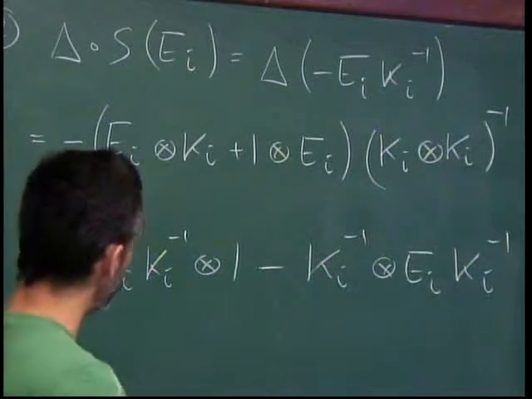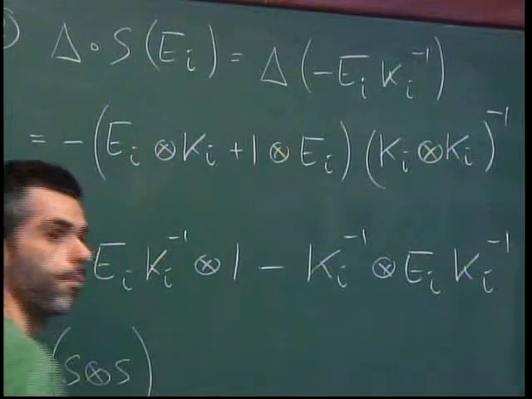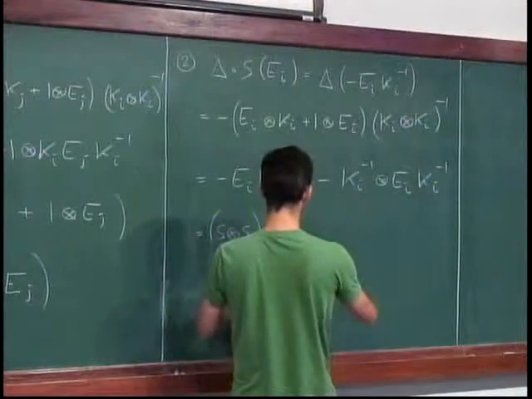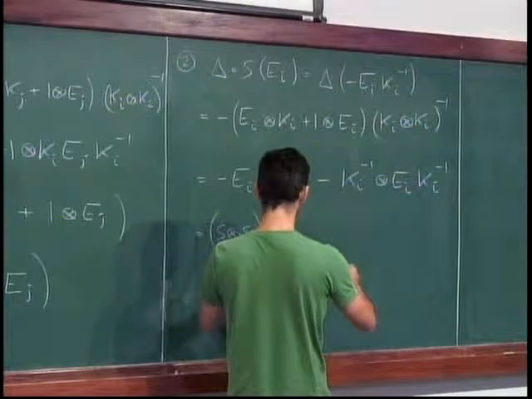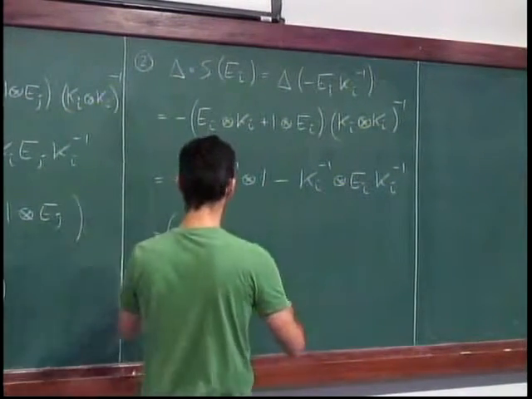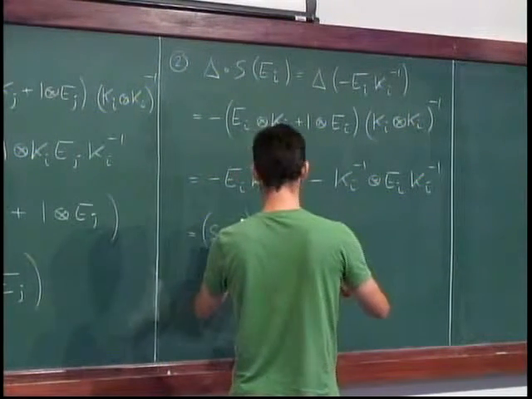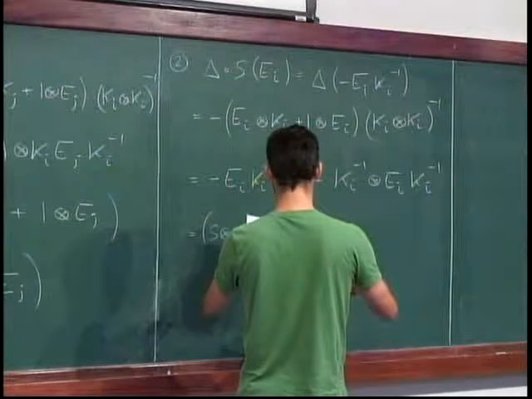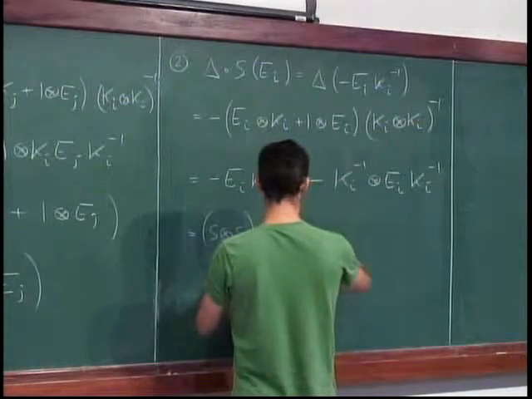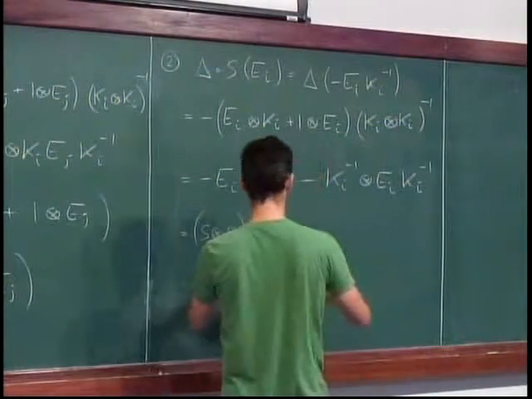And then we can recognize that as being twice the antipode applied to the expression, well, this is ei, but let me put this one there and that one on the other side.